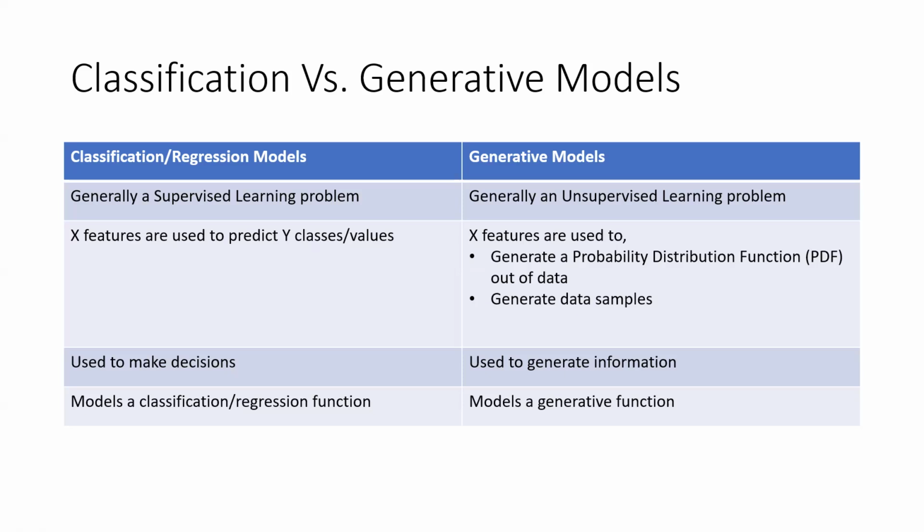For example, if you have certain audio clips of music and you want to generate a new piece of music out of them, you can use generative models. If you have your own videos and you want to create your own video without being involved in recording it, then you can use generative models.